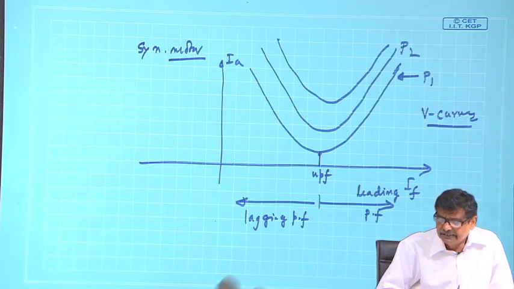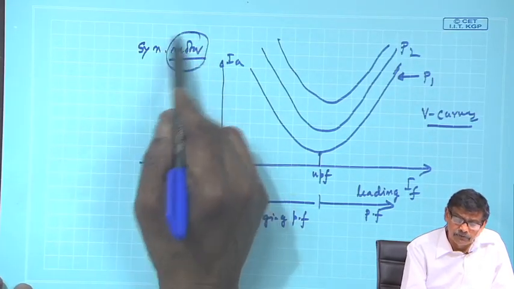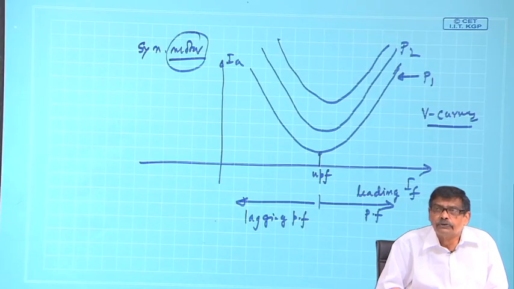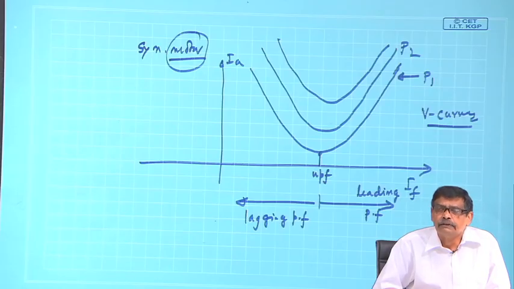In fact, it is this nice property of the synchronous motor that you can operate the motor, that is, the motor can be used to draw leading power factor current as well.